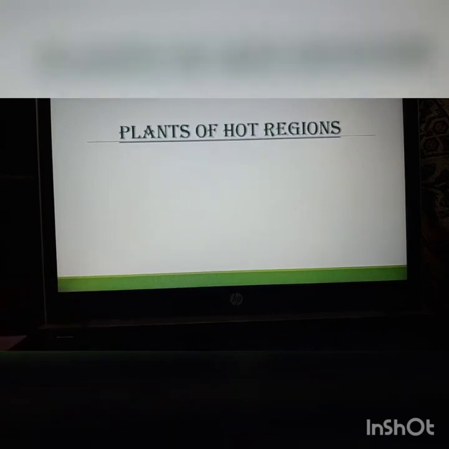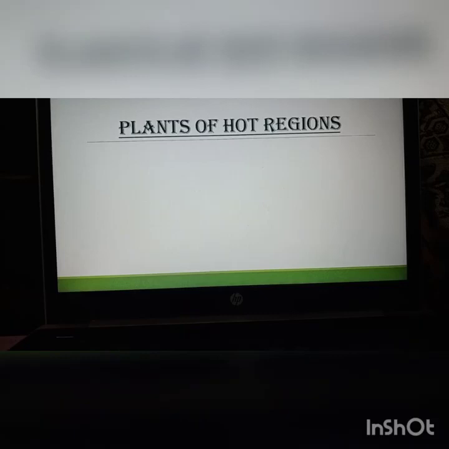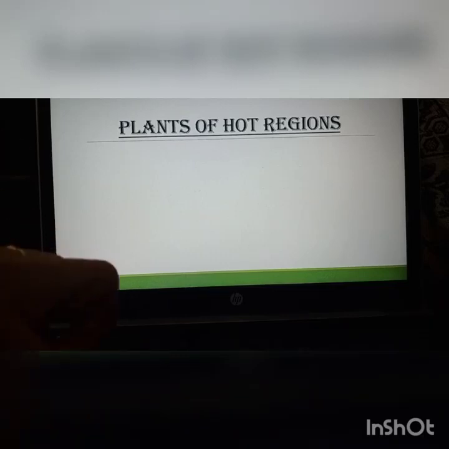Now students, let's move forward to our next topic, that is plants of hot regions. Hot regions, or you can say hot and humid regions. Humid means when there is an increased percent of water vapor in our atmosphere, then this area is called a hot and humid region.